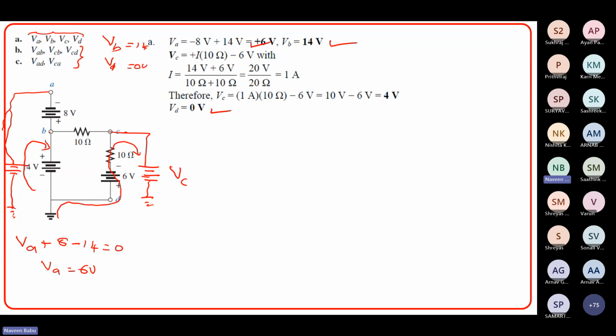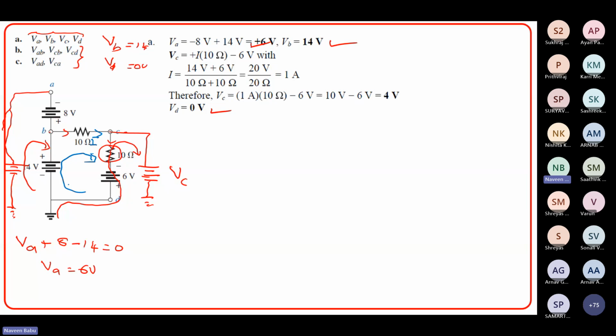Starting from this, it will be minus, and I need to know the drop across this. To know the drop across this, I need to know the current flowing through this particular path. So before applying KVL along this loop, I have to apply KVL along this other loop first to determine the current flowing across this.